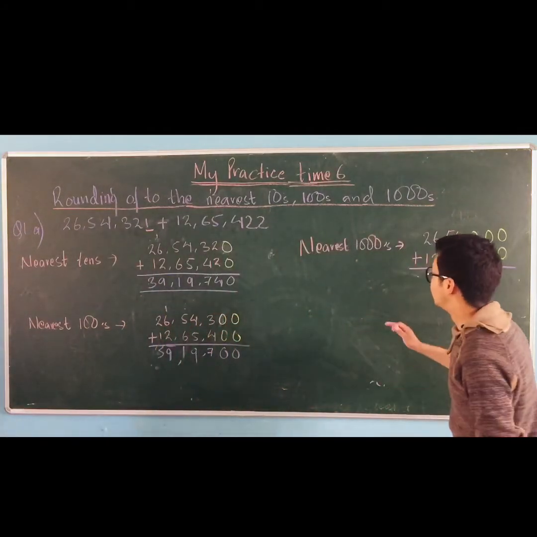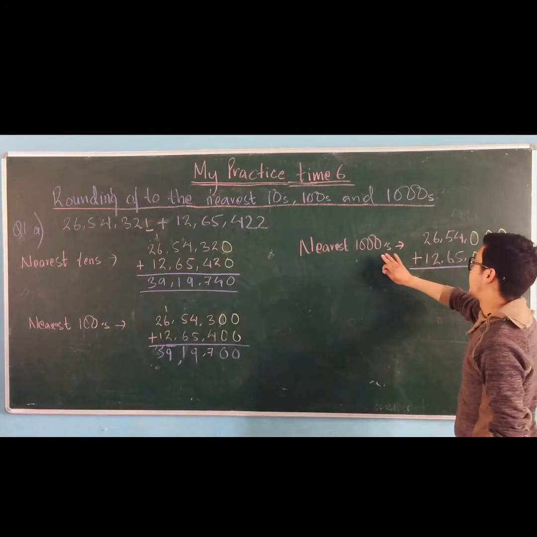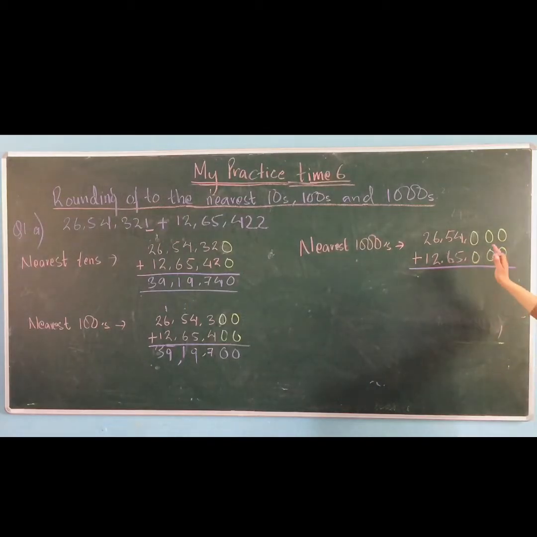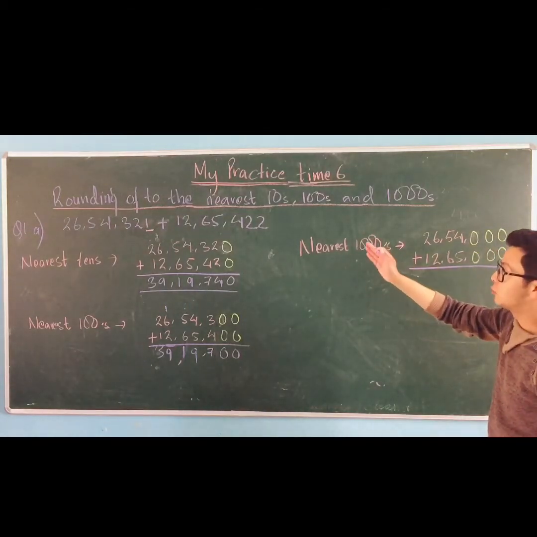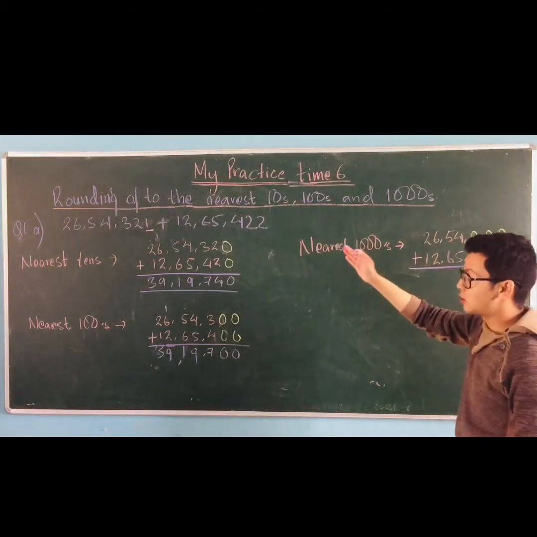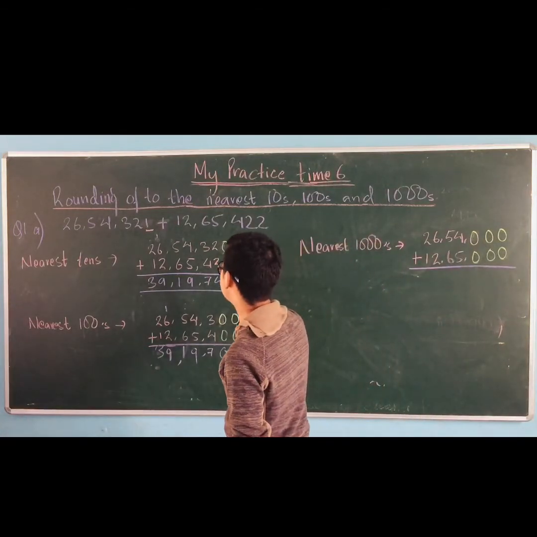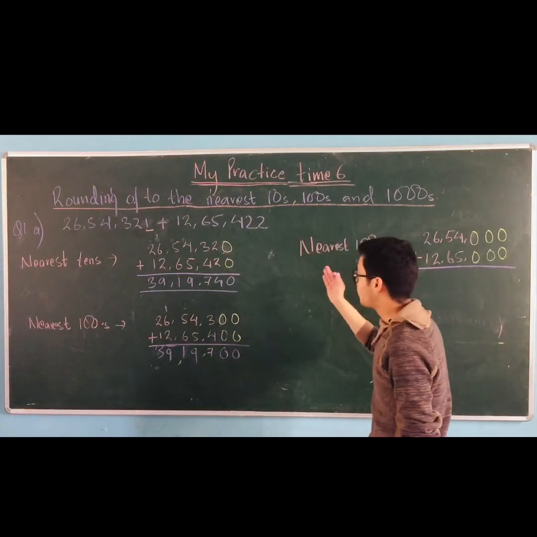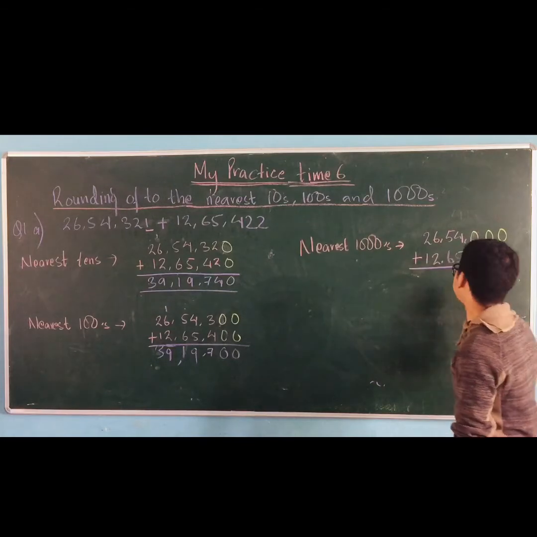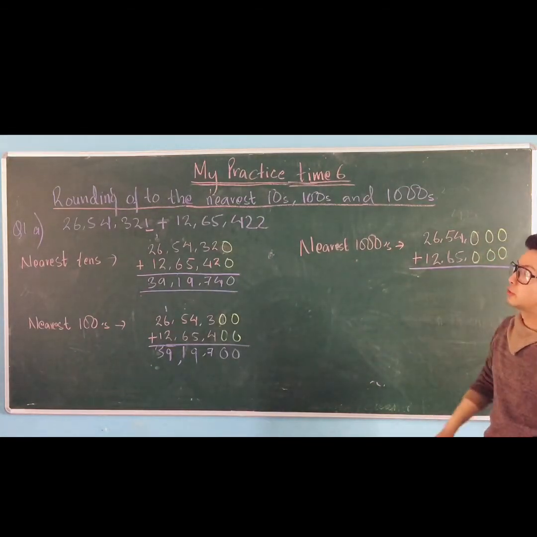Now moving on to nearest thousands. Similarly in this case, if you want to round off the thousands digit, you have to look at the next digit, that is hundreds. In that case there is 3, right?